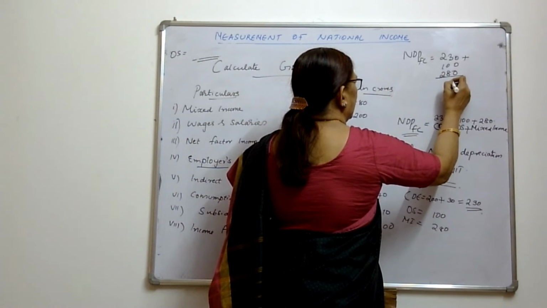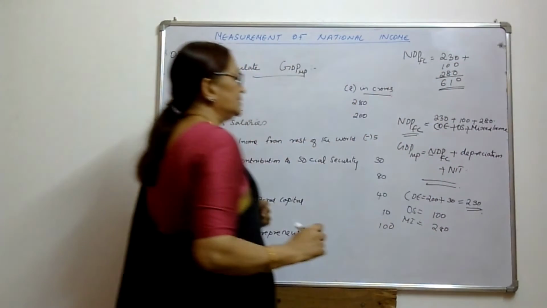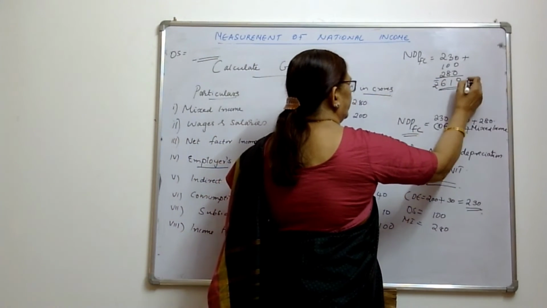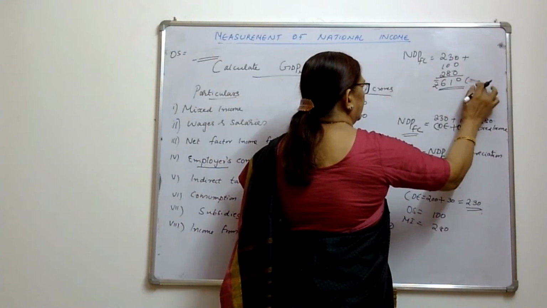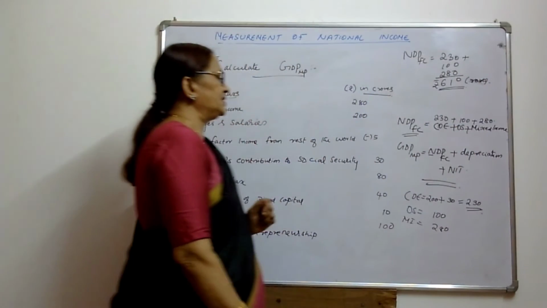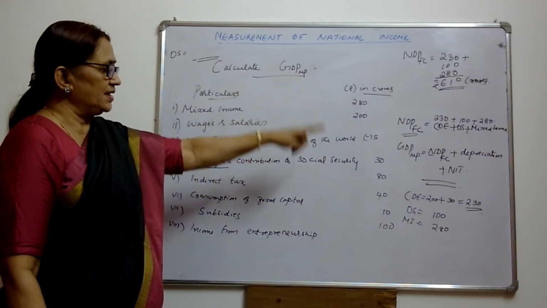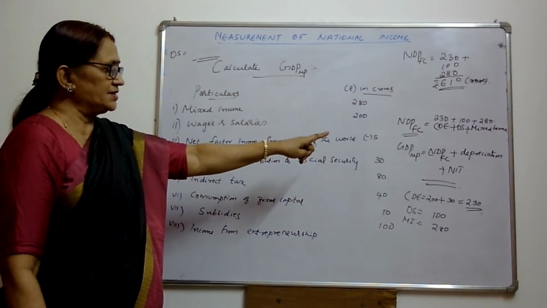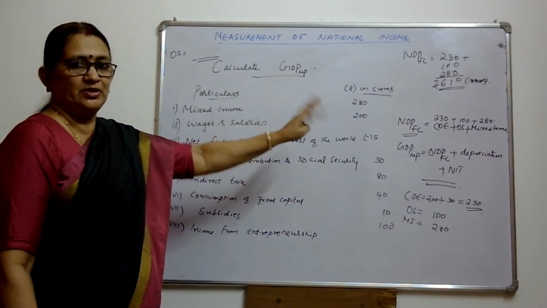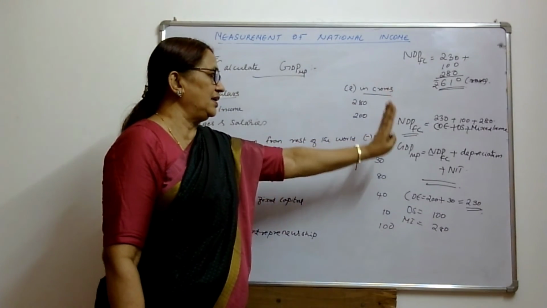What is the answer? 610 crores. Compensation of employees 230 plus operating surplus 100 is 330. Then mixed income 280. 610 crores is the domestic income we got.